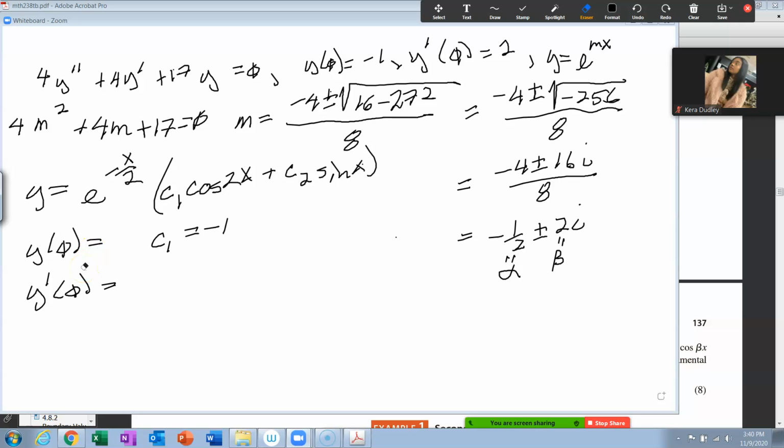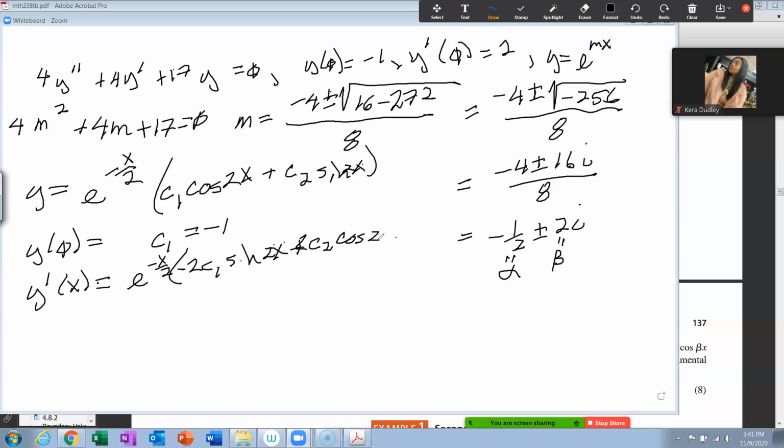Okay, let's just do y prime of x to begin with. Okay, let's do that, and you have the first times the derivative of the second, e to the minus x over 2 times 2c1 minus 2c1 sine of 2x plus c2, this is a 2 here I left off, 2c2 cosine 2x.